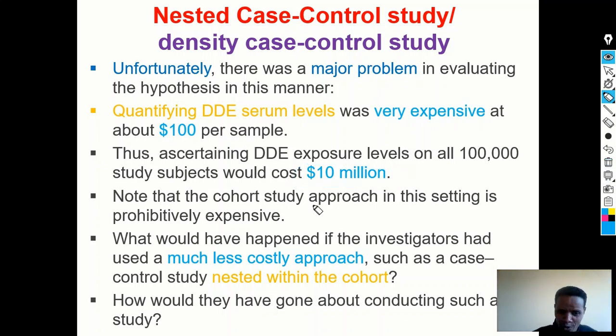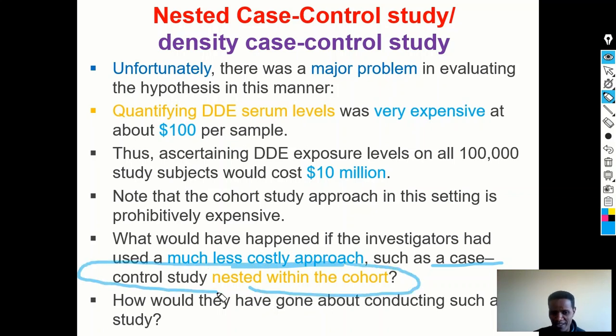Note that the cohort study approach in this setting is prohibitively expensive. So what would have happened if the investigators had used a much less costly approach, such as a case cohort study that is nested within a cohort?